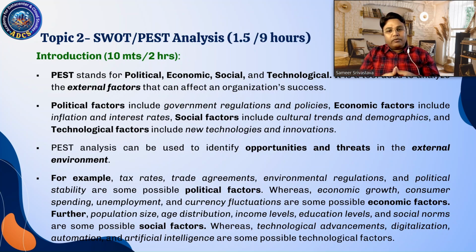Further, the population size, age distribution, income levels, education level, awareness and social norms are some of the social factors. When we talk about technological factors, we have technological advancements, digitization, automation, and AI.